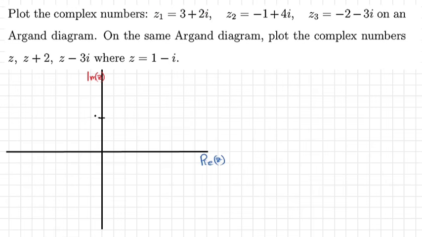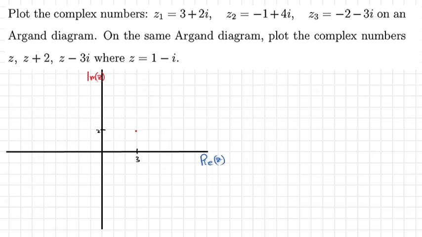Let's say that our 3 is here. Then our 2 is here in the x-axis. Oh, sorry, it's supposed to be the opposite actually. So in the y-axis we have 2, which is here, and x-axis we have 3, which is here.